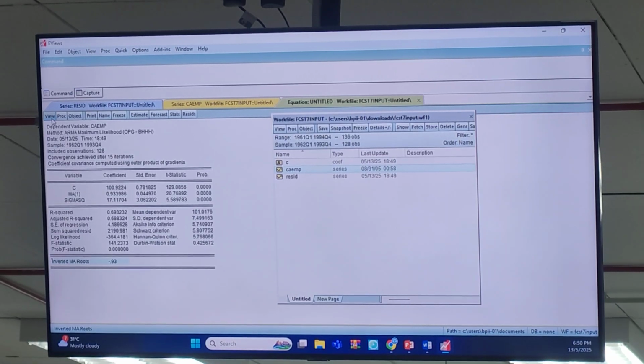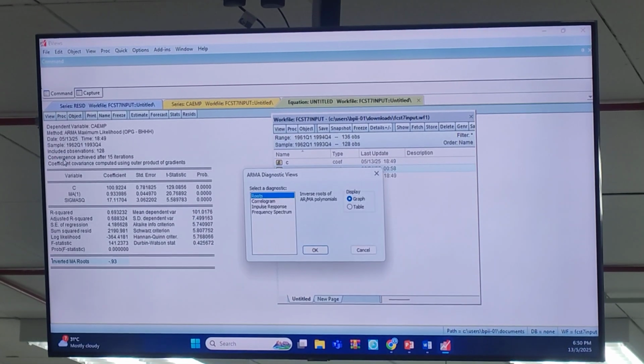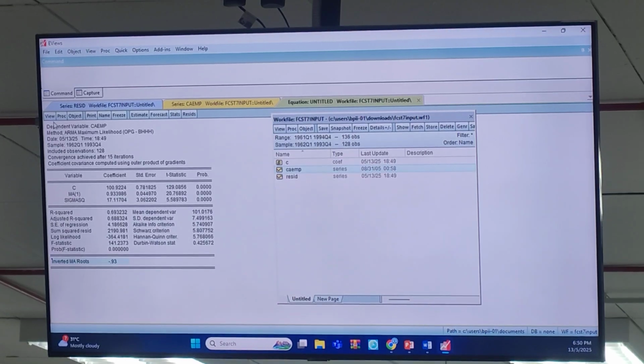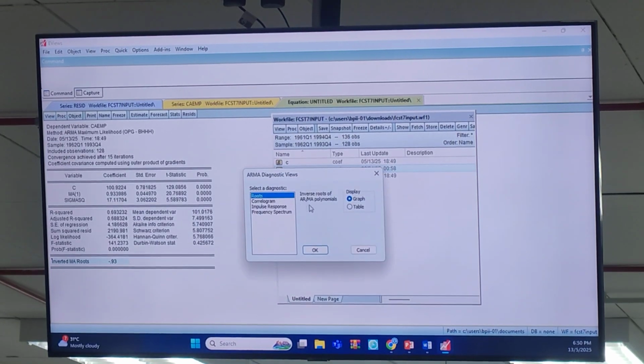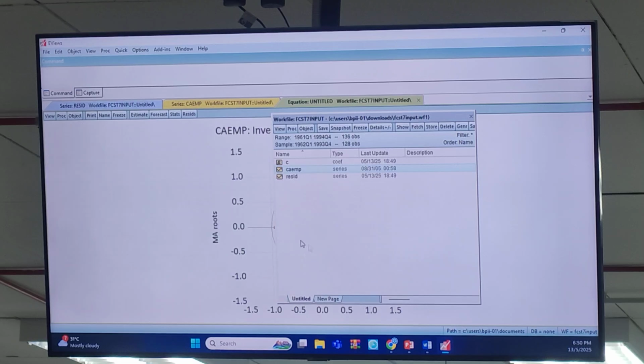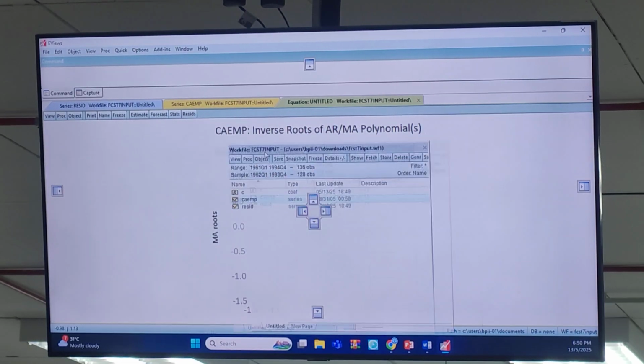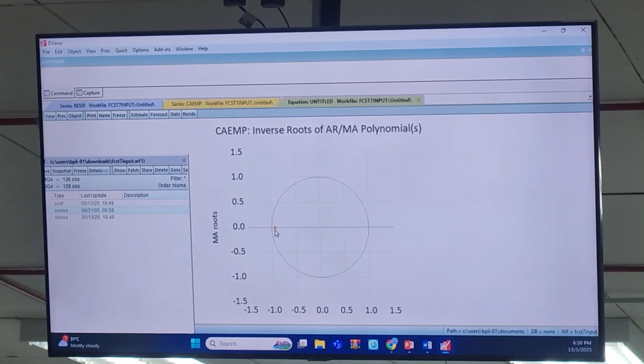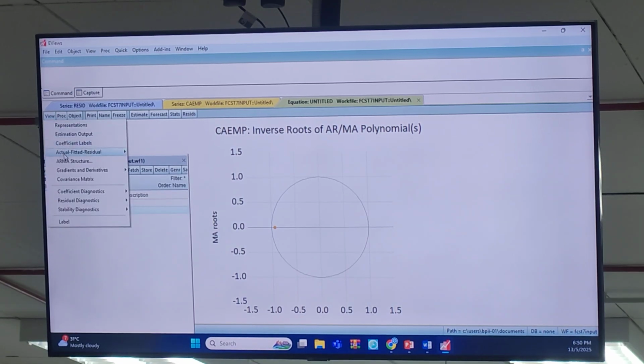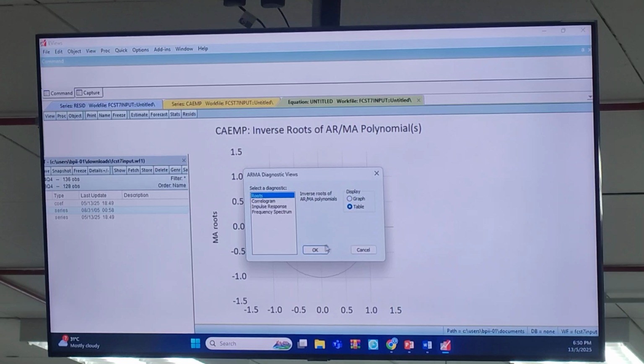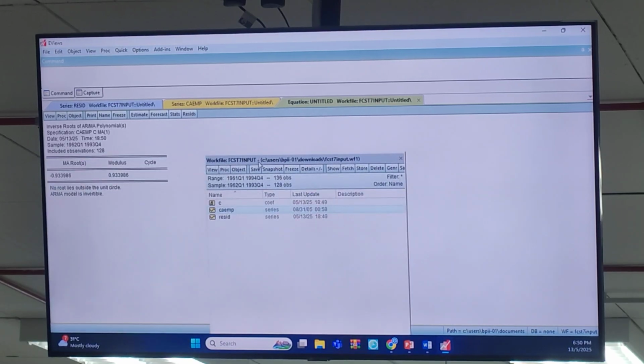But you can also check the ARMA structure. You go to View, ARMA Structure, and then you check either the graph, where the inverse roots are inside the circle, or the table, which tells you whether it is invertible or not.